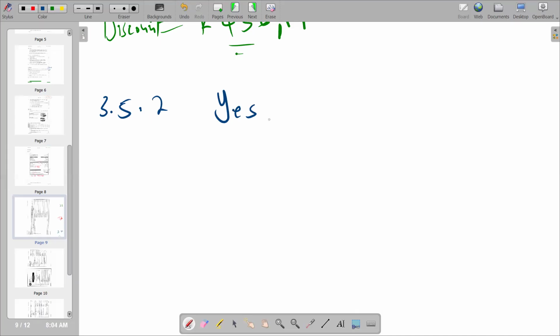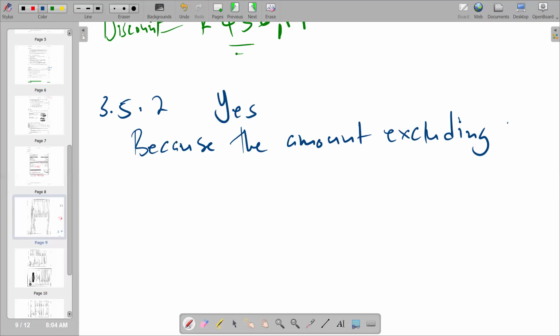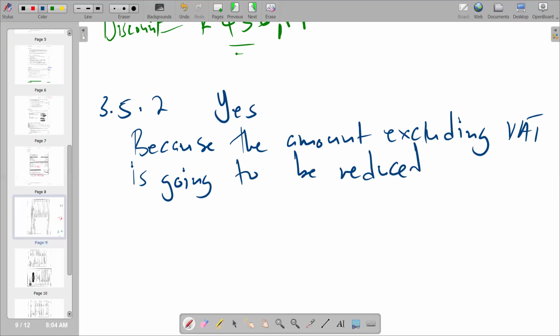For the justifying, you are just going to say because the amount excluding VAT is going to be reduced. So it's going to be reduced due to the discount, obviously.